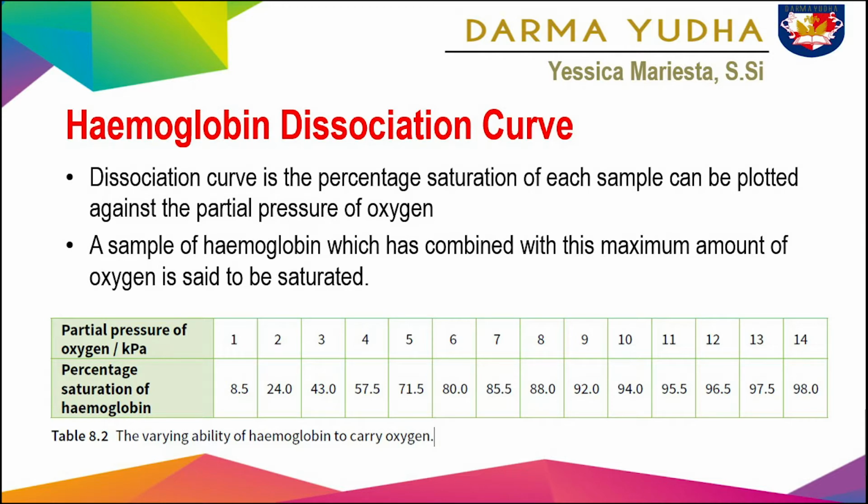A sample of hemoglobin combined with this maximum amount of oxygen is said to be saturated. The amount of oxygen with which identical samples of hemoglobin combine at lower oxygen partial pressures is then expressed as a percentage of this maximum value. The table in the slide shows a series of results for such an investigation.